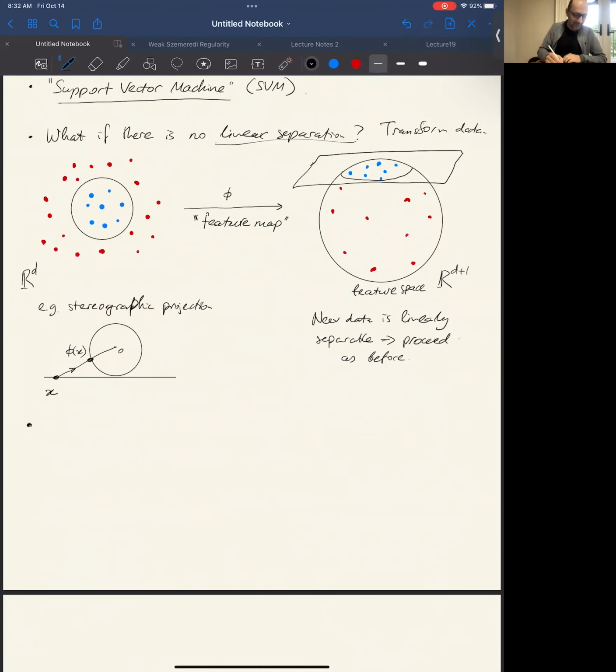For example, what if the data is like this, which is a more common scenario, even perfectly separated, but not by some circle. So what if the data is maybe like this, like two snakes that hug each other, something like that.